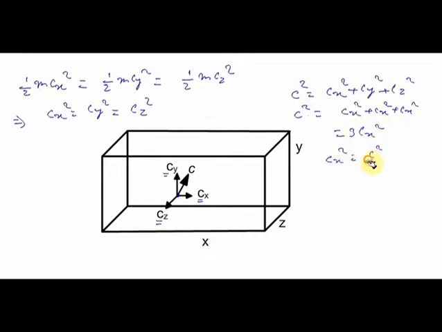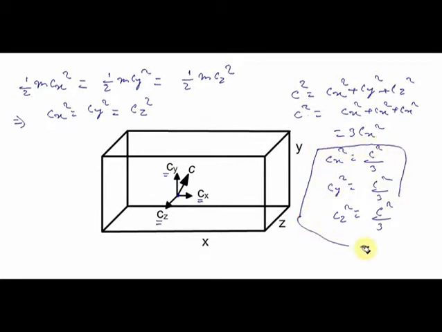So we have Cx square is equal to C square by 3. Similarly, we'll have Cy square is equal to C square by 3, and Cz square is equal to C square by 3. So we need to keep this result in mind.